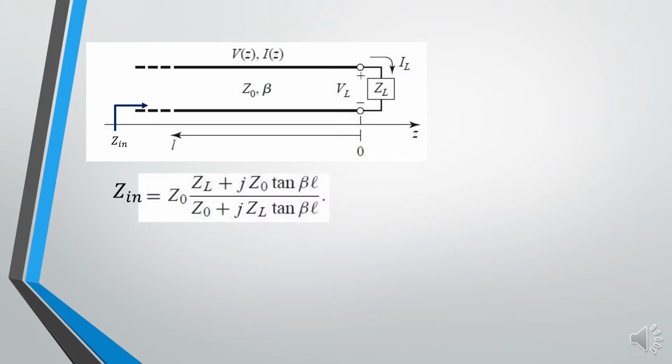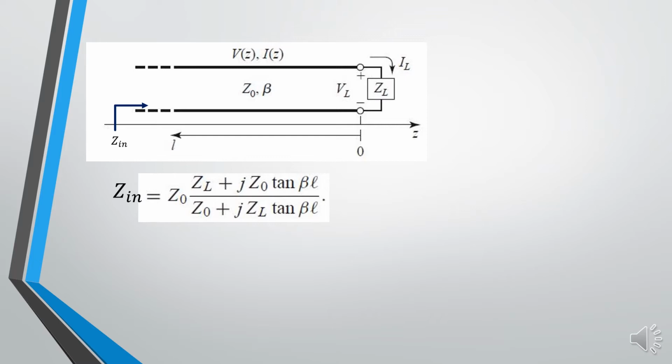Now the input impedance can be calculated from the given parameters like Z0, beta and ZL by this formula, where Zin equals Z0 times (ZL plus jZ0 tan beta L) divided by (Z0 plus jZL tan beta L), where beta L is the equivalent electrical length of the transmission line.